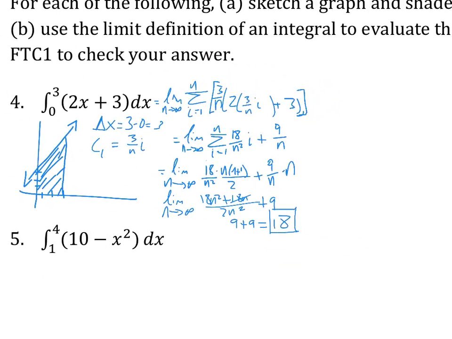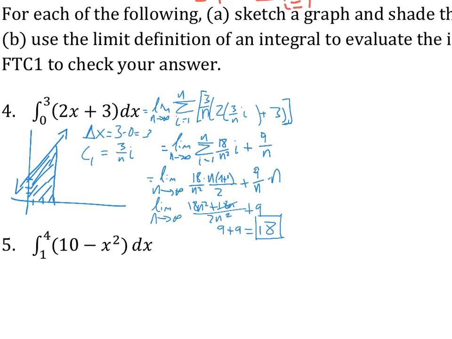All right, and then we can use the fundamental theorem of calculus to check that. So if we say the integral from 0 to 3, it's going to give us x squared if we take the antiderivative, plus 3x, and we're going to evaluate that from 0 to 3.